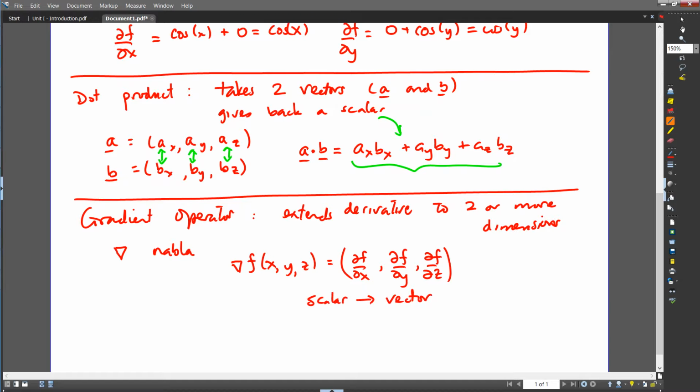That's useful to remember. And from our discussion before, I hope you realize that the df by dx term is essentially telling you how quickly f changes as x changes. This tells you how quickly f changes with y and with z. And so you have a vector that gives you some idea about how f is changing with each of its dependent variables, namely x, y, and z.